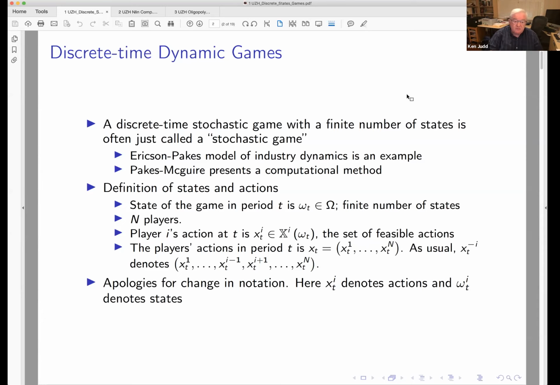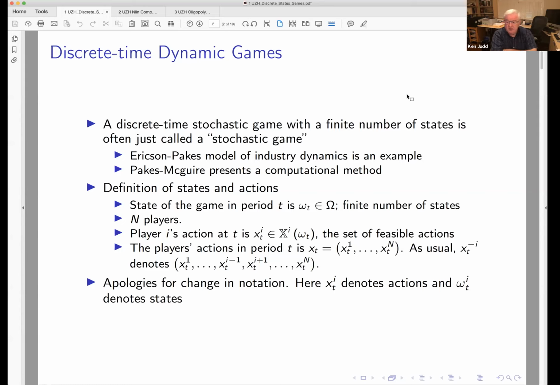And so the term stochastic game goes back, oh, I should put the citation in there. It goes back a long ways. But then in economics, in empirical I/O, they became very popular after the Pakes-McGuire paper on how to compute the equilibria, Markov perfect equilibria of such games.